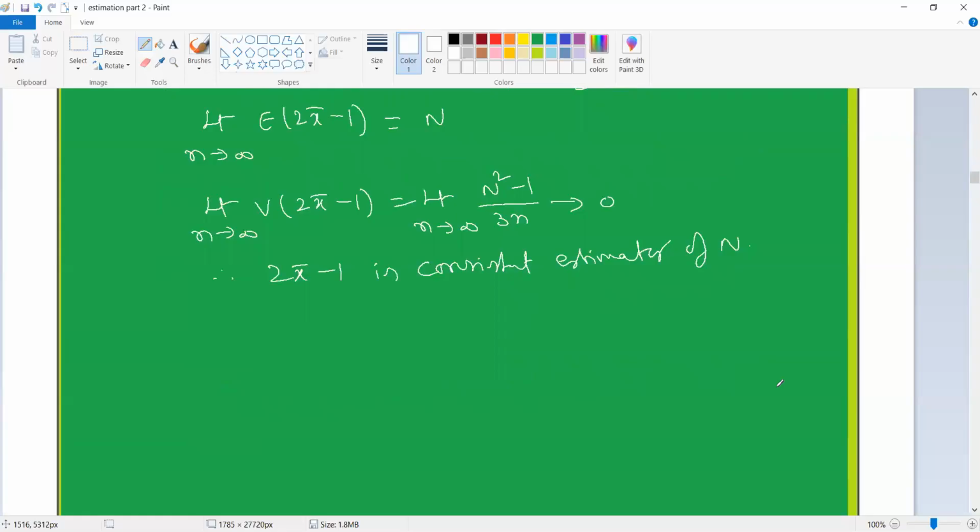But applying the sufficient condition for consistency is very simple here. This sufficient condition already includes the unbiased estimator property. Additionally, you have to calculate the variance here. Calculation of the mean and variance is a very important concept from every point of view. So, example 3.